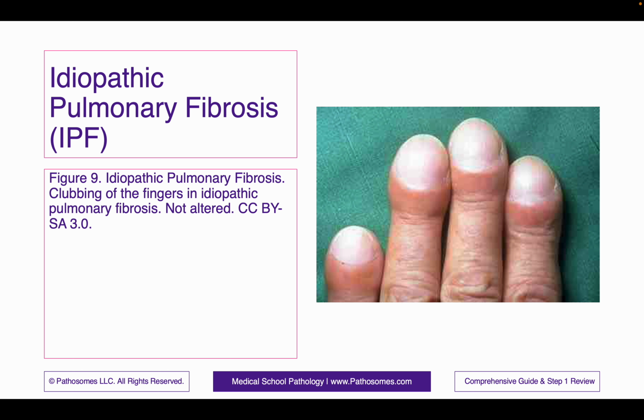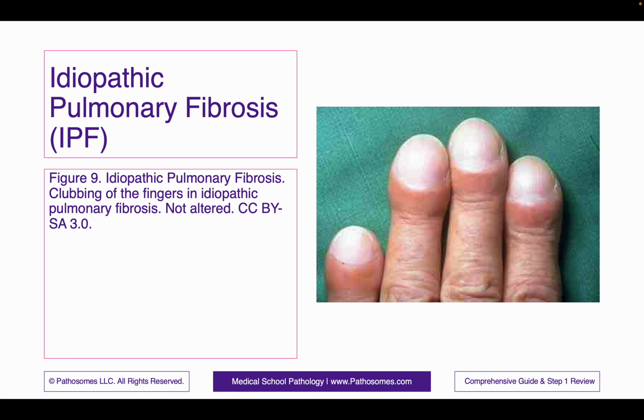Also, a clinical finding in patients with idiopathic pulmonary fibrosis, at least on tests, they tend to have this here. What is this actually? You've seen this before. Digital clubbing, right? Where else would you see digital clubbing? Let's say this was a child, right?